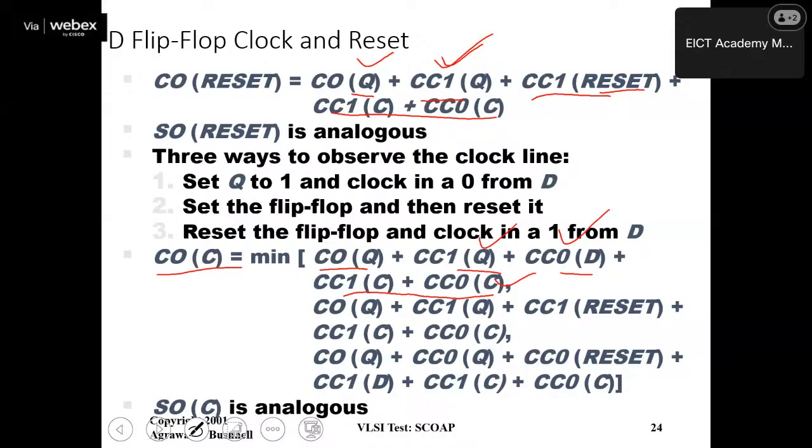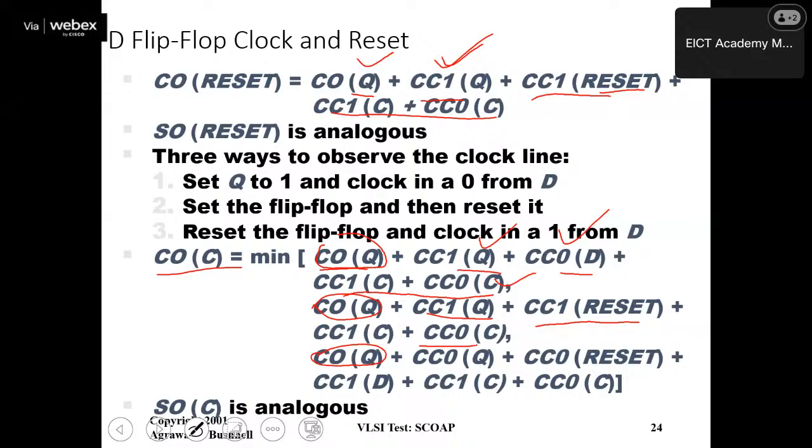Next combination. In all these combinations, of course, CO of Q is common. You can visualize over here, CO of Q is common in all of these. Next one, with the help of reset active also, you can see that, right? So reset active, CC1 is there, and then you are going to make reset active. Since the active edge of the clock is there, the effect of Q is also visualized.